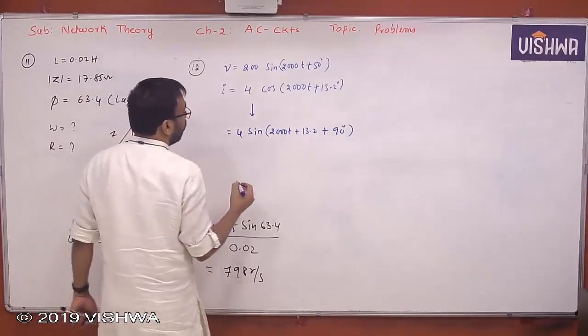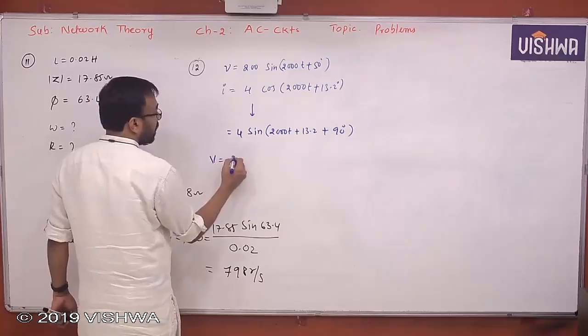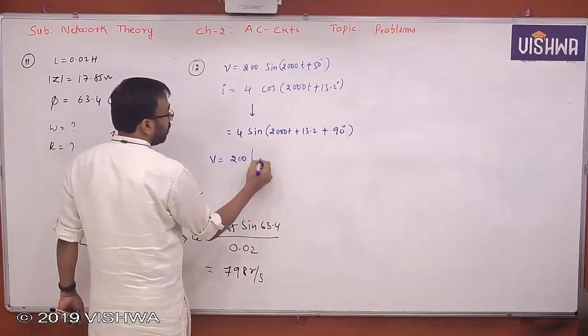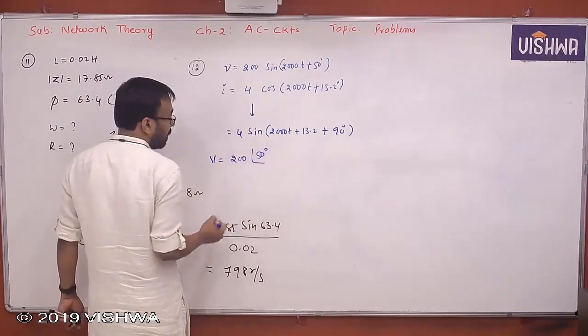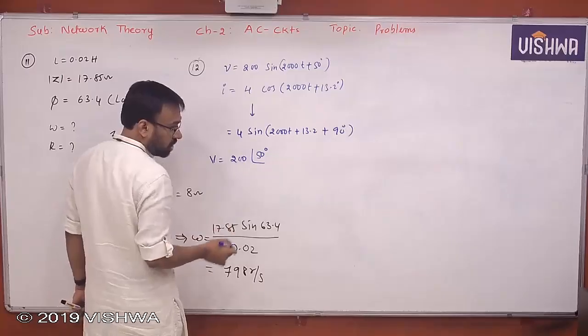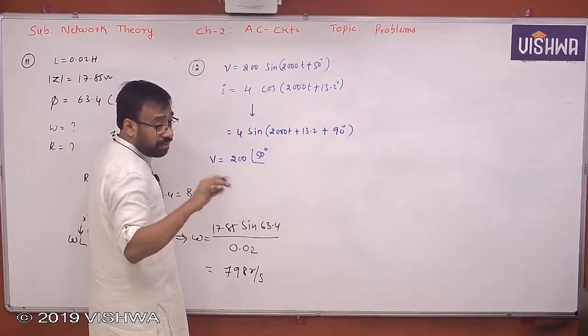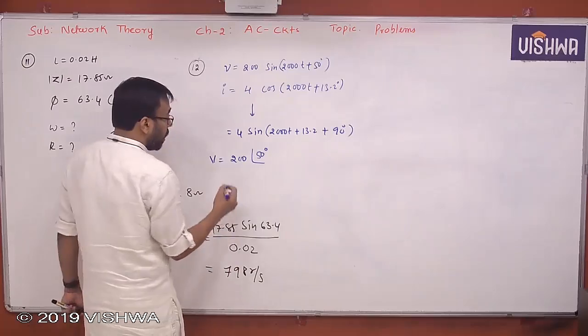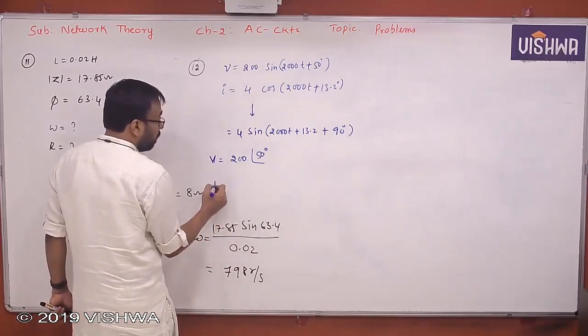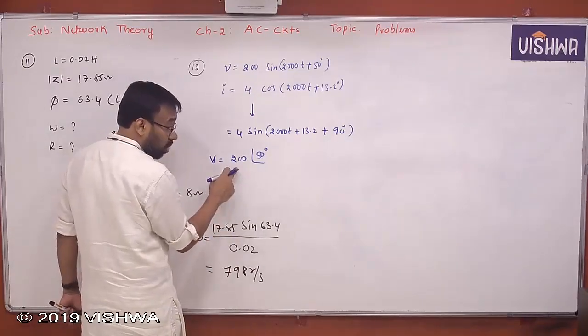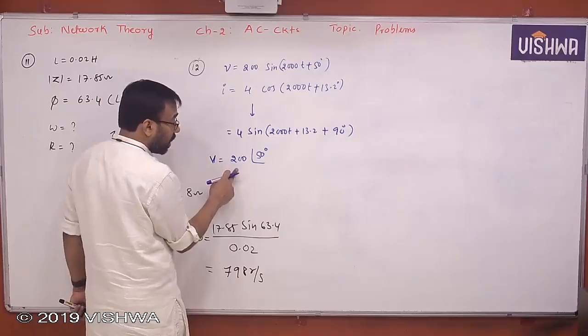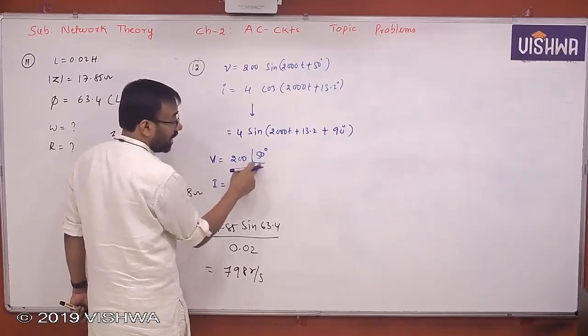Okay. So what is actually V? V is nothing but a phasor value. Some people keep it by root 2 because they want to deal with RMS values. Nothing wrong in that. Always have a practice. Now, always remember whether you want to go for a phasor or RMS value. If I go for phasor, it's only 200 at an angle of 50.